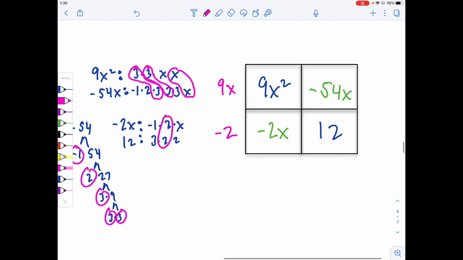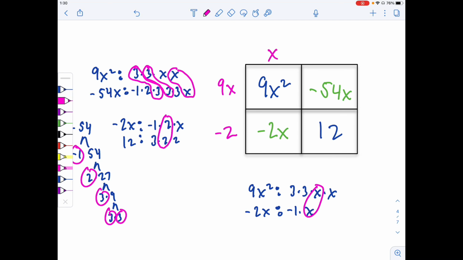Then we go to the next column. 9x squared again, and then negative 2x. So 3 times 3, 2 x's, and this is negative 1 times x. Our common factor is just x. So this is going to be x.